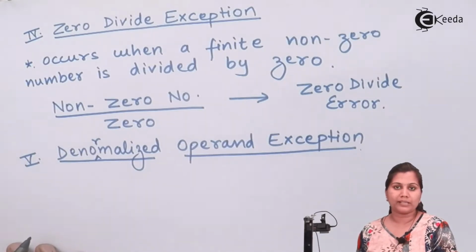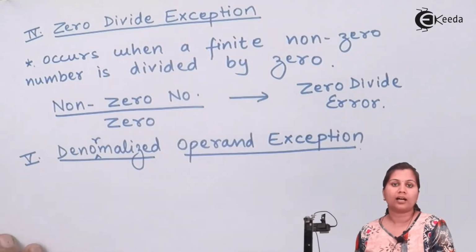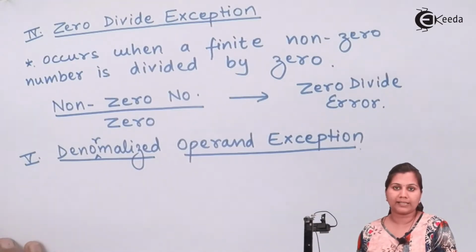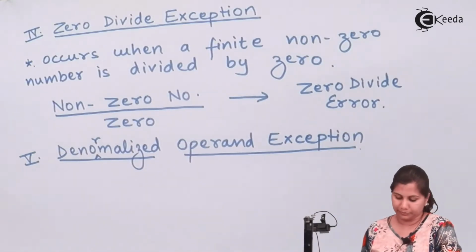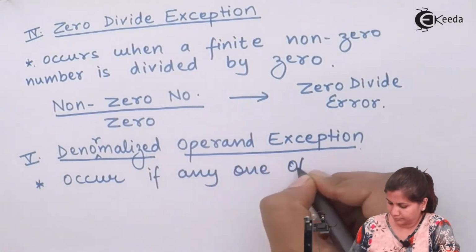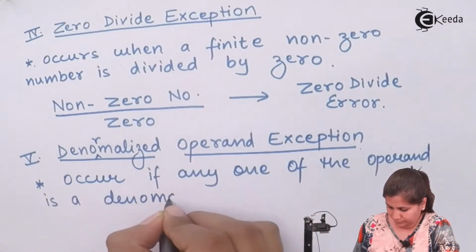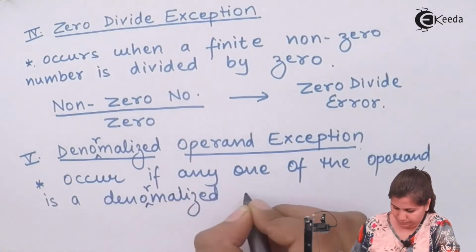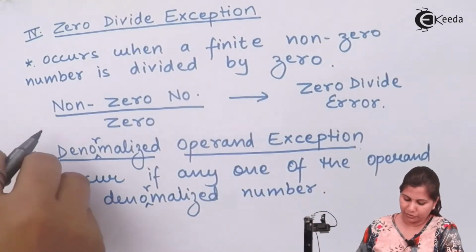There will be two operands in any numeric calculation. So out of those two, if any one of the operands is denormalized or not normalized, then this type of error or exception is going to occur.